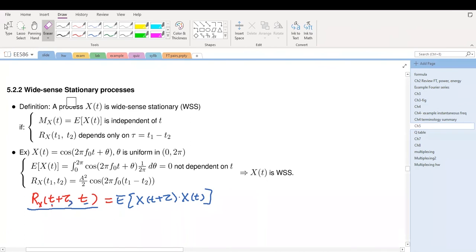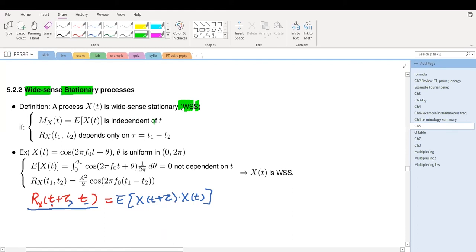Let's define a special category of random process called the wide sense stationary process, shorthanded WSS. When people talk about a wide sense stationary random process, they normally call it a stationary process for short.